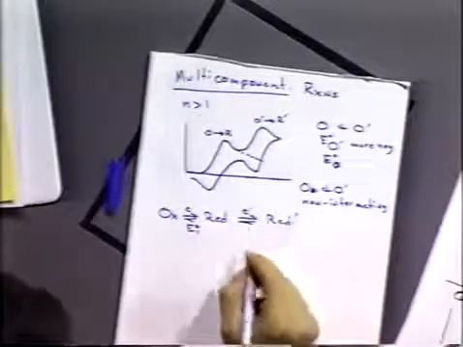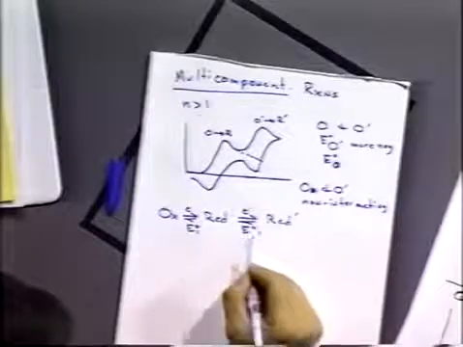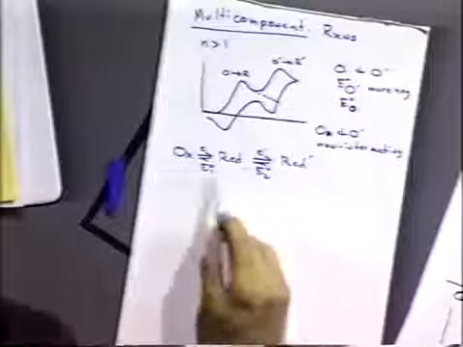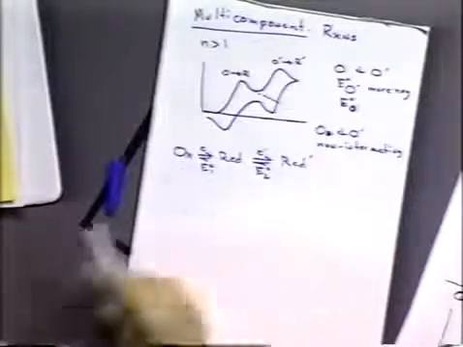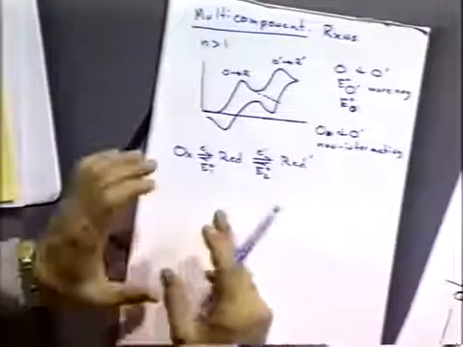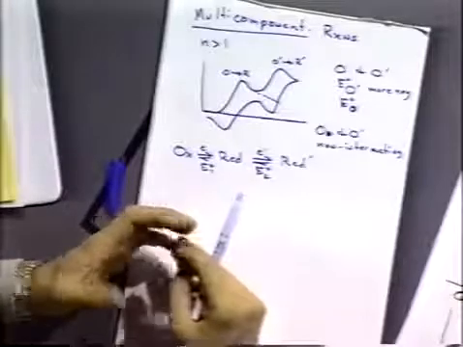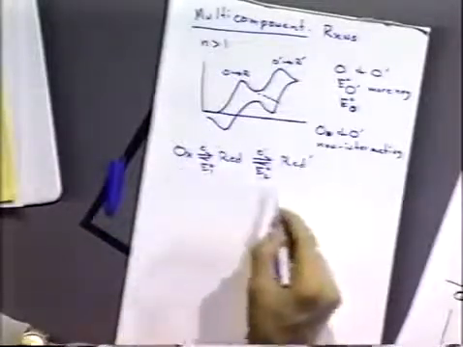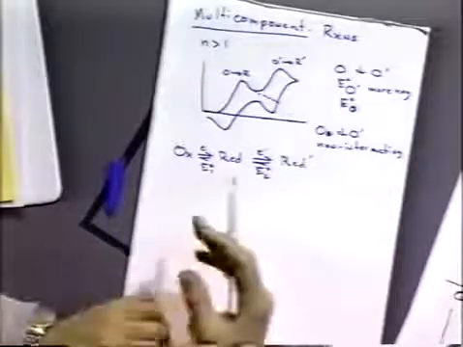Let's call it red prime at some other E0. Now in this case, there is a direct linkage between those two molecules. Sometimes there might be a chemical step interposed here or something like that, and the simplest case to think about would be this one here.